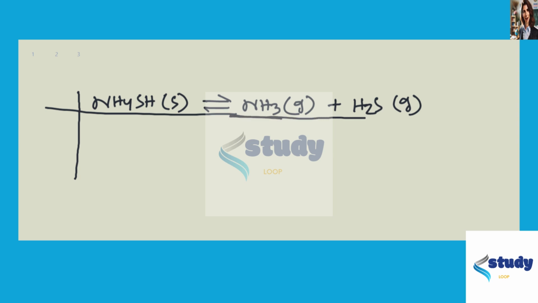So for the ICE table, we don't know the initial concentration of the solid reactant, but we don't need that because in the equilibrium constant expression we do not include pure solids and pure liquids, as we consider their concentration as unity.